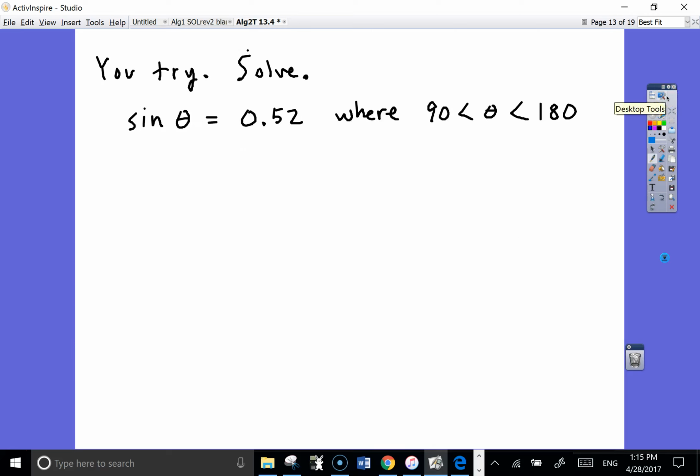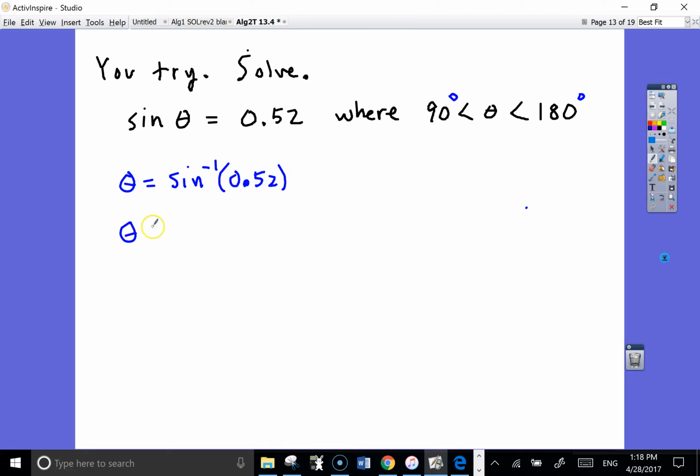Okay, try to do this one. Sine is 0.52, between 90 and 180. So theta equals sine inverse of 0.52.